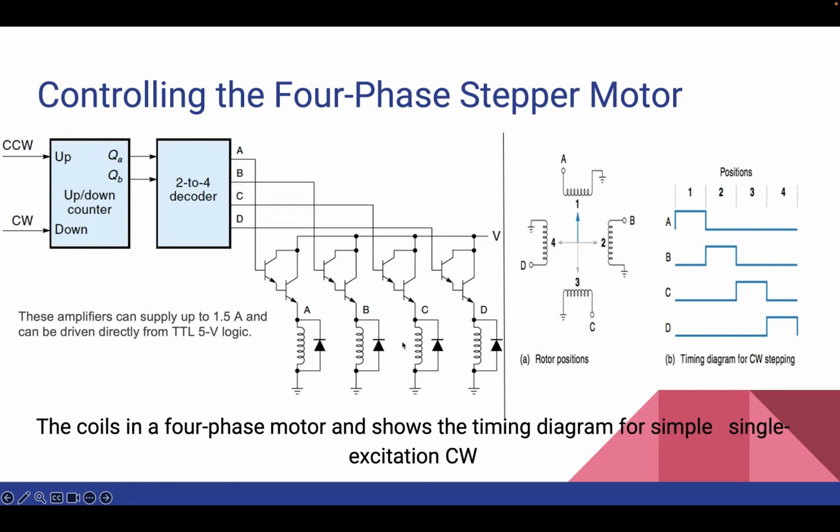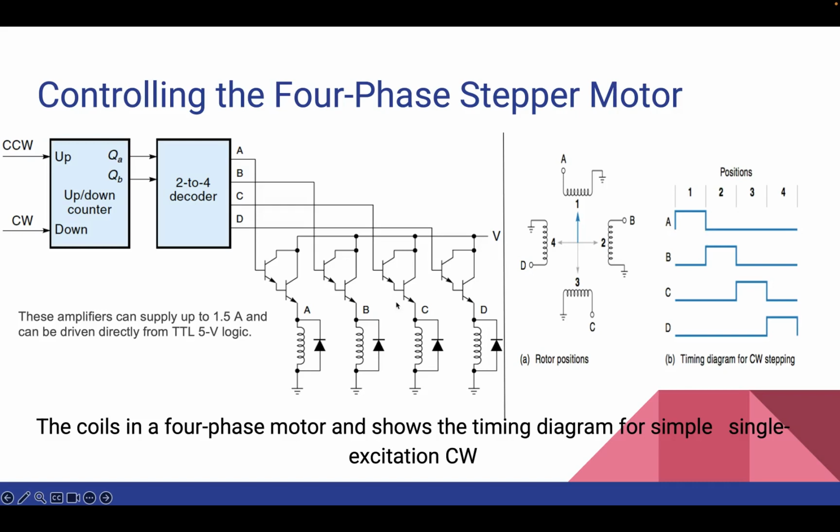Now, as these timing signals go high in sequence, the corresponding transistors are turned on, and it effectively energizes the specific coil in the motor. For example, if A is energized, then as you can see in this position 1, we see the positive spike in the timing diagram.